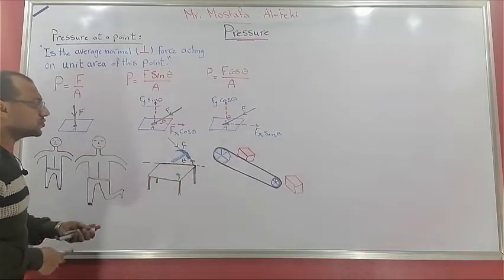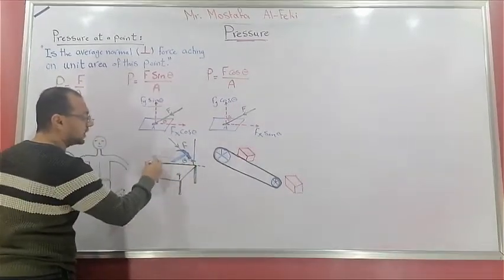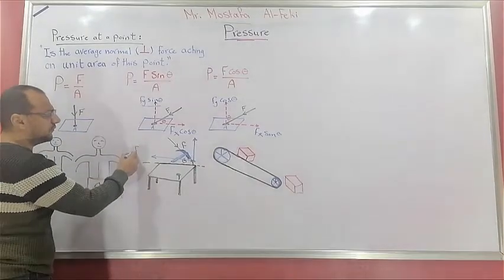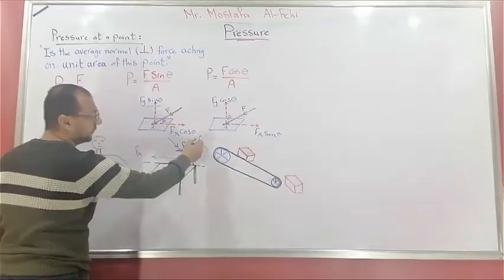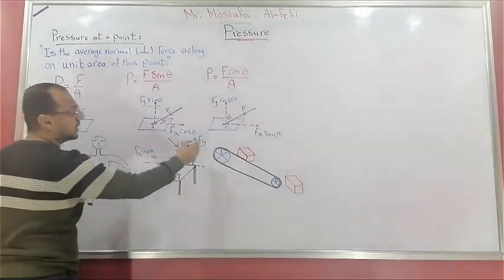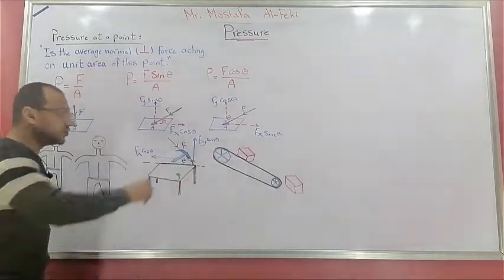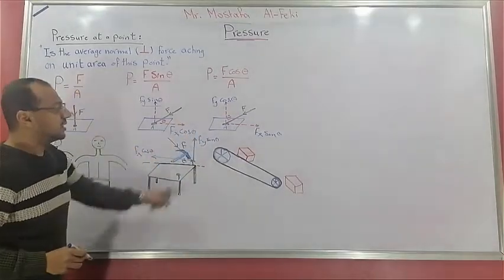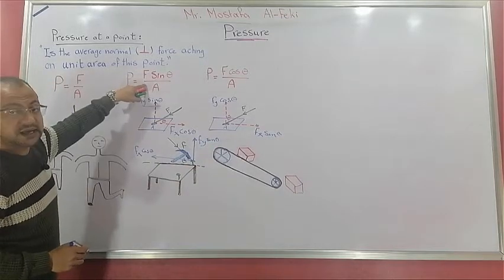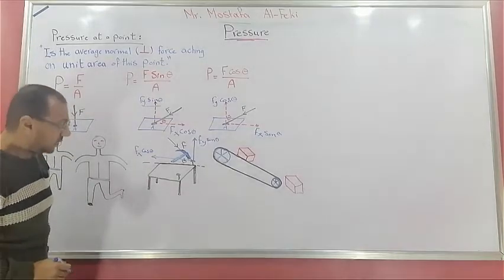By resolving the force into two components, Fy and Fx, Fx is F cosine theta, Fy is F sine theta. What is the normal force that acts on the nail? It is F sine theta. Then by applying the relation, pressure equals F sine theta over A.